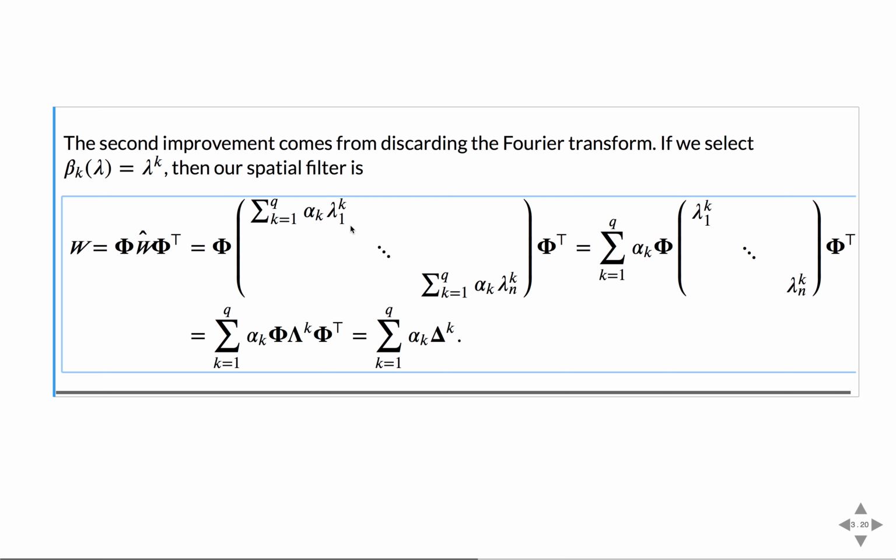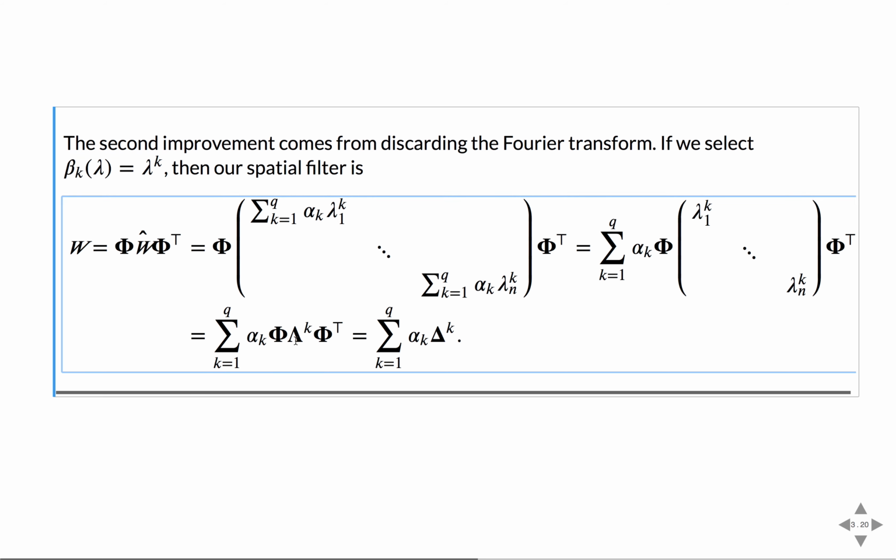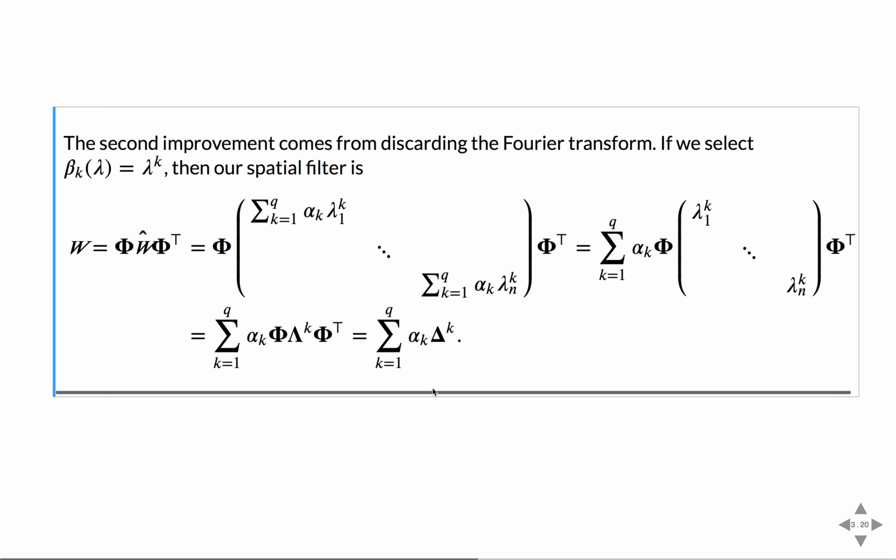If you use polynomial functions where beta k is just lambda to the kth power, then you can easily see that you can take out the sum and you get powers of the eigenvalue matrix. Since this is an eigen-decomposition, it also means that these are powers of the Laplacian matrix. So that's one way to throw away the Fourier transform, but get something that has a similar meaning.